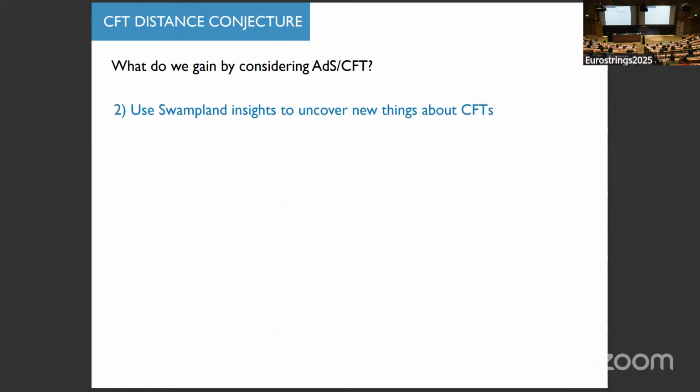Okay, so the second thing that we gain by translating this to AdS/CFT is that not only can we use CFT techniques to learn about the swampland, but sometimes we can also use swampland insights to learn about CFTs.